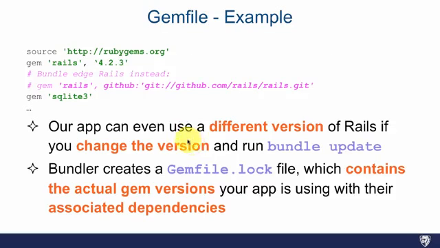And the interesting part is that it's so modular that you could even use a different version of Rails. So let's say you're using version 3 and then you want to upgrade to version 4. All you have to do is just specify a different version in your gem file and then run bundle update, and that's going to update your Rails to a different version.